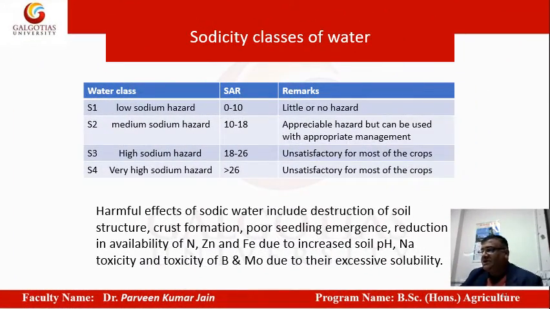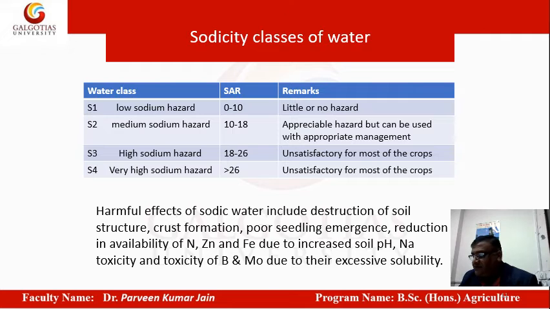The sodium classes or sodicity classes of water are like this: low sodium water has little or no hazards. Then medium sodium hazard has an SAR of 10 to 18, high is 18 to 26, and very high is again more than 26. Ultimately these are the ways you can predict and calculate the sodium effect on the soil's poor health.